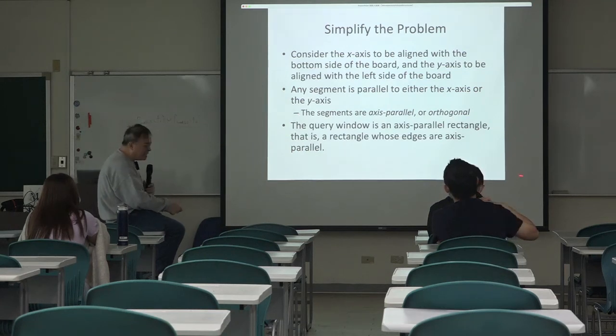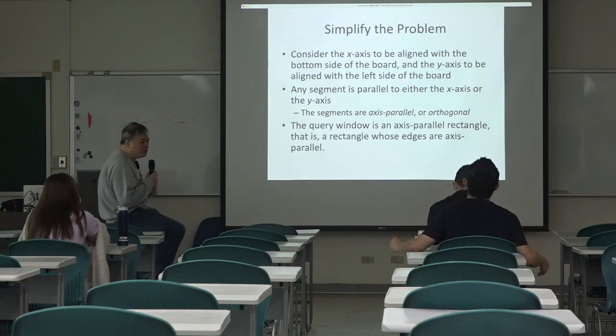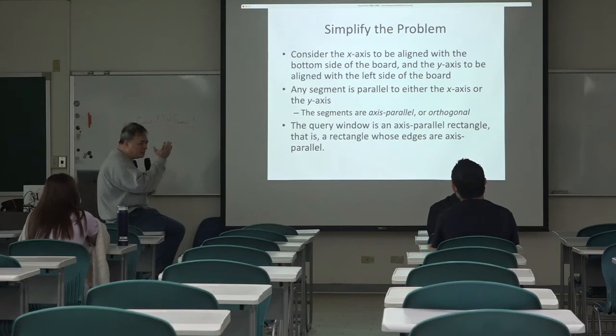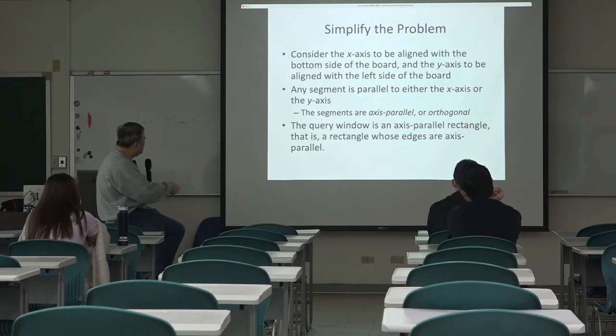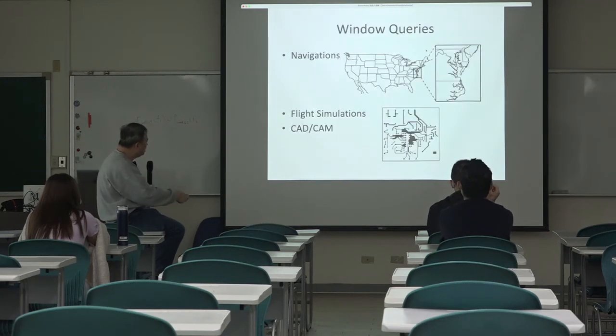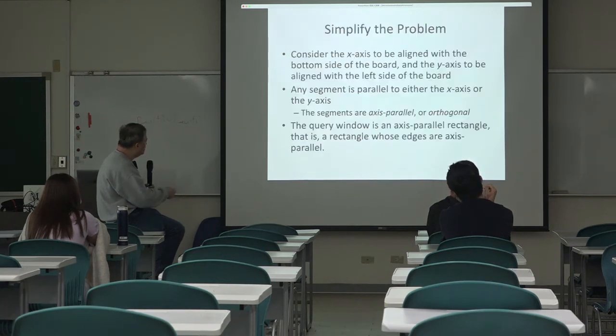Second, as I said, if you want to deal with edges with all orientations, that's difficult. So we assume any segment here is parallel to either the x-axis or the y-axis.